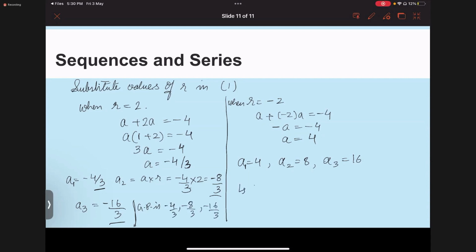And over here, your GP is 4, minus 8, 16. Okay, you can see that just changing the sign of the common ratio, you can end up with a very different GP. Now, let's take another example.